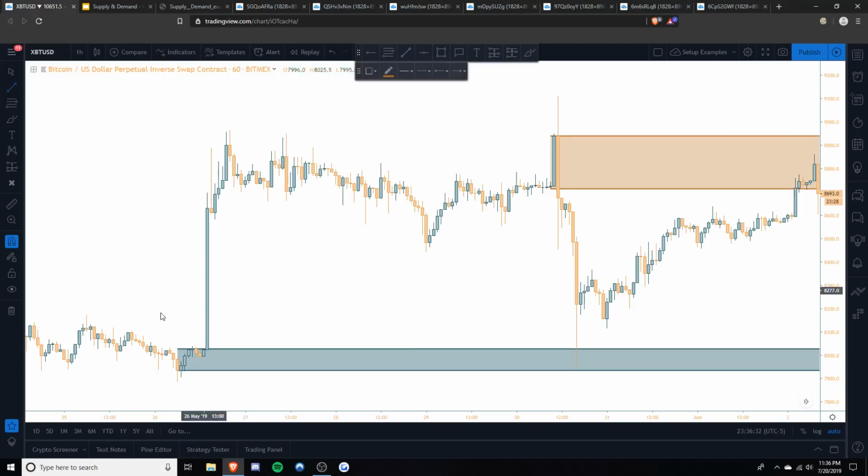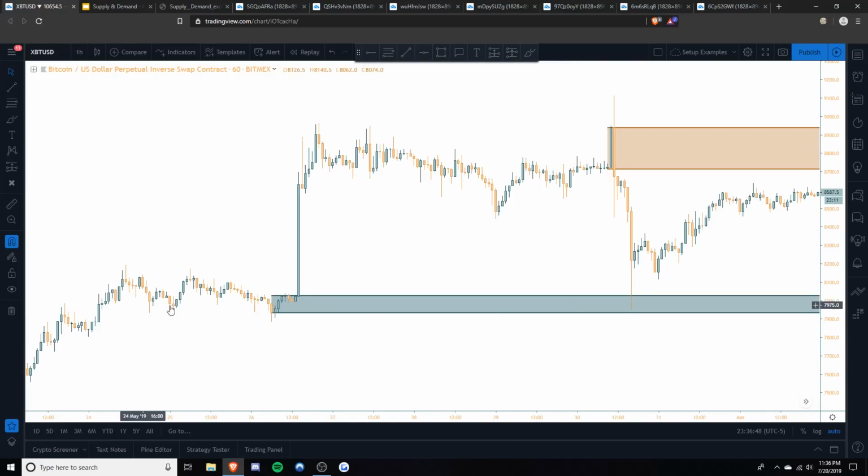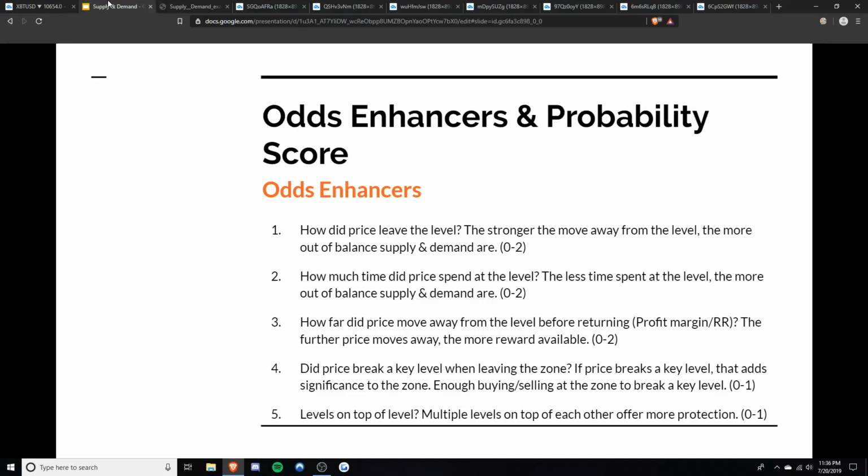Let's see, hold on. So it did break below here and break market structure. If you wanted to count this, that's kind of up to you. But I would say it did spend quite a bit of time there. Personally, I'd give that a 1. So that is a 3 so far.